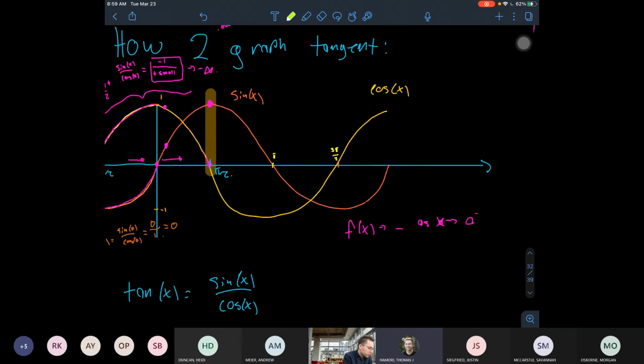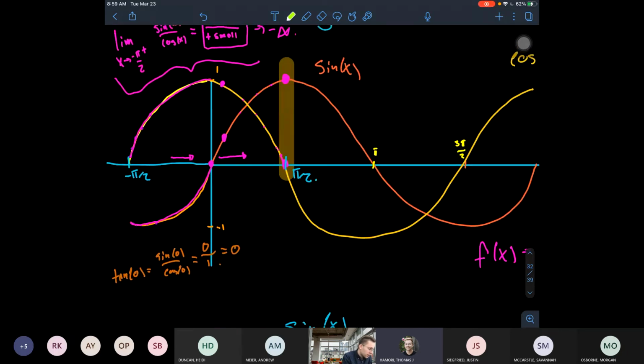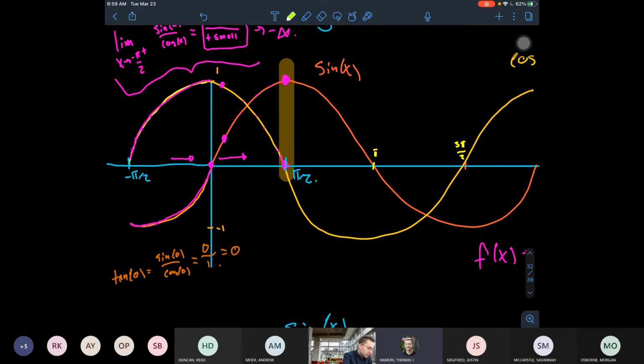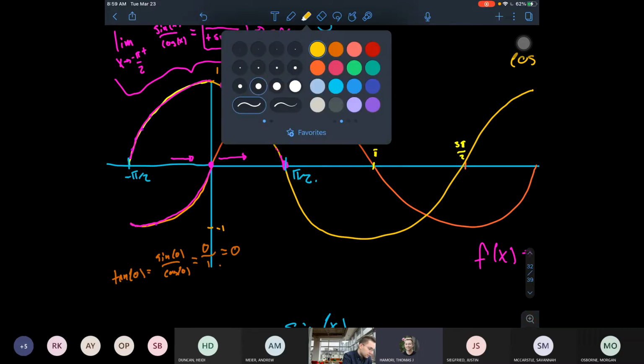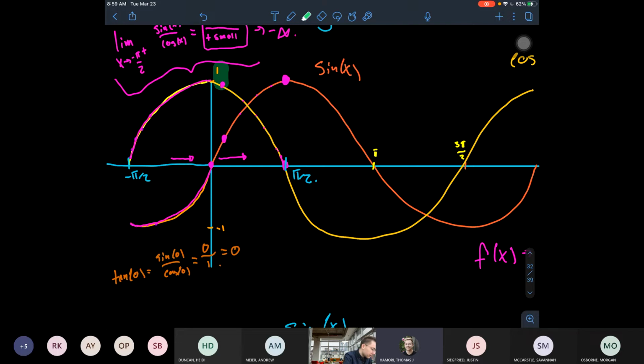And if you want to see why that's true from looking at the graph, consider this x value here, where cosine is above the sine function, and consider a point which is pi units to the right of that, somewhere here.